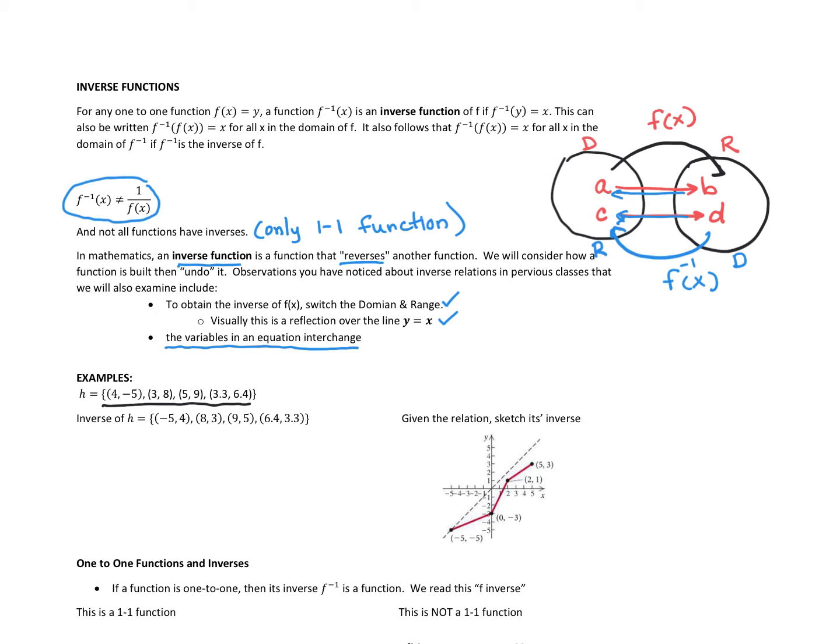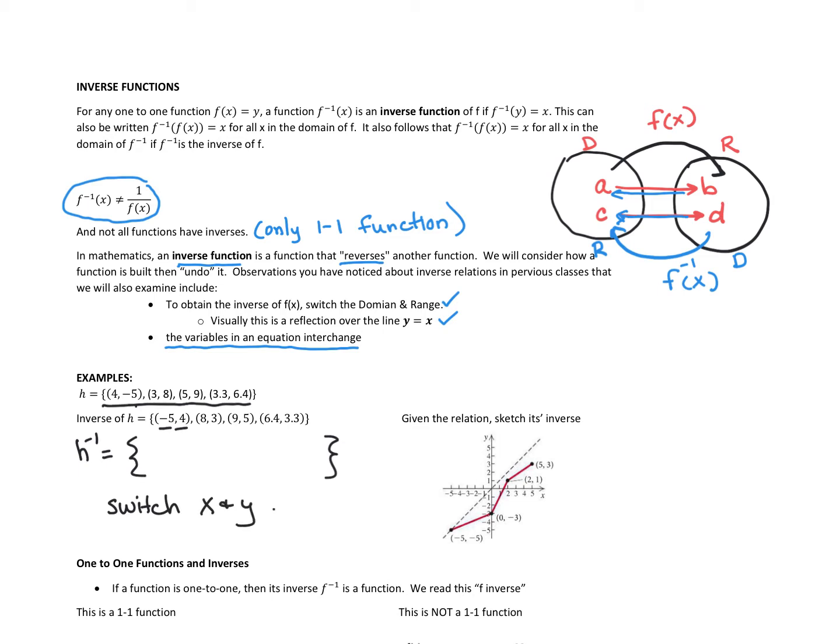All I have to do to find the inverse, so we would maybe call this h inverse, is to switch the x and y in each ordered pair. So instead of 4 going to -5, we have -5 going to 4. We reverse the 3, 8 to 8, 3, and so on. So all we're going to do there is switch the x and y coordinates.